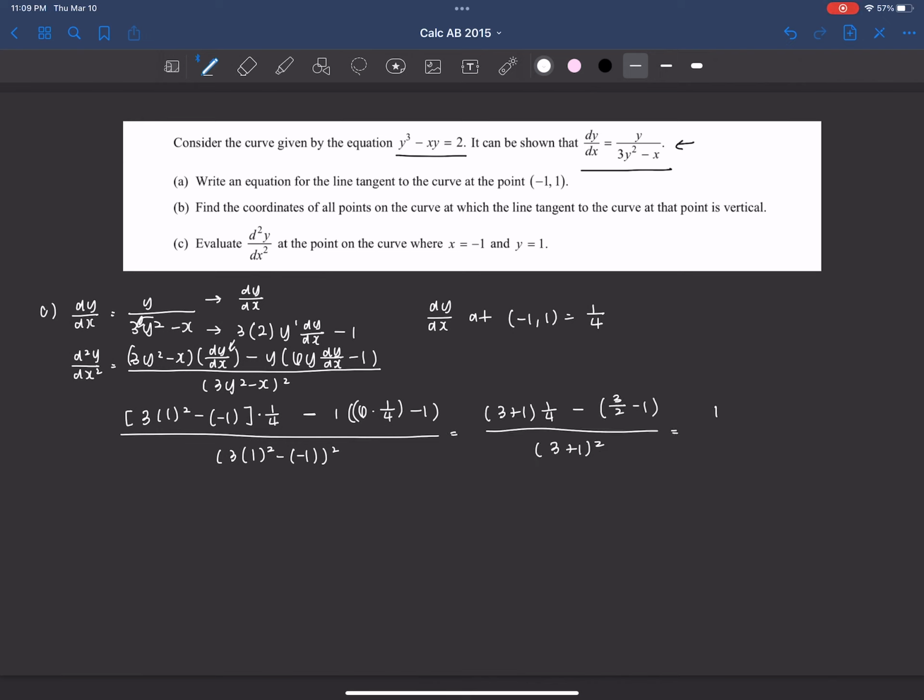So 1 minus 1/2 over 16. It's going to be 1/2 over 16, which is going to equal 1 over 32. So that's going to be our final answer for part C.